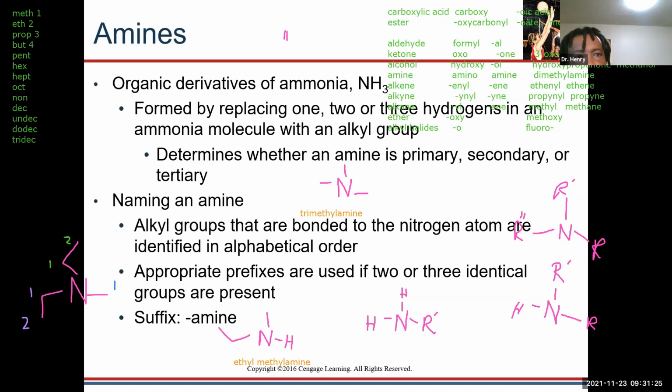Since there's 2 ethyls, it would be diethyl methyl amine. Does that make sense? So you count each one independently.